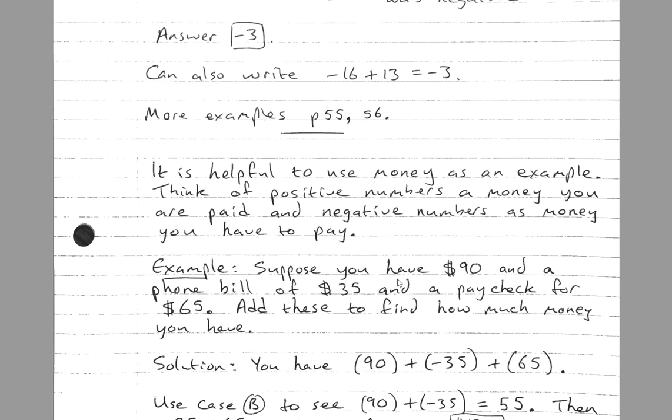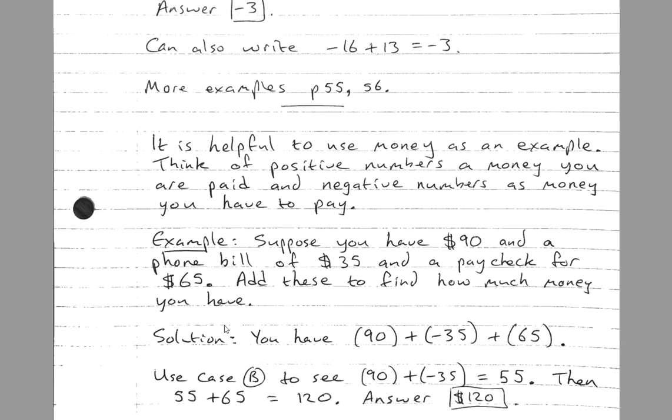Example: suppose you have $90 in your wallet. You also have a phone bill for $35 and a paycheck for $65. Add these amounts to find out how much money you have. So here we're thinking, this 90, that's money you have.